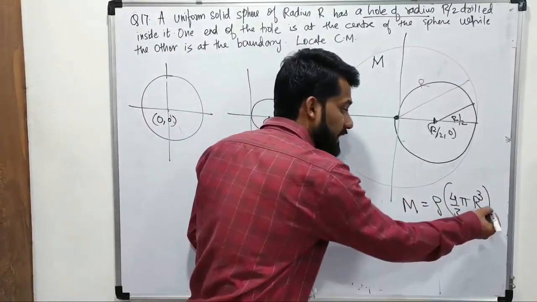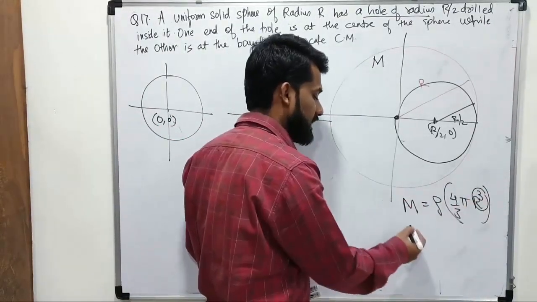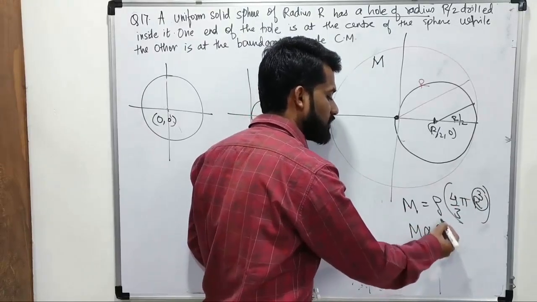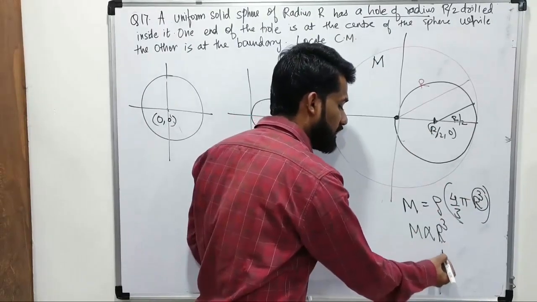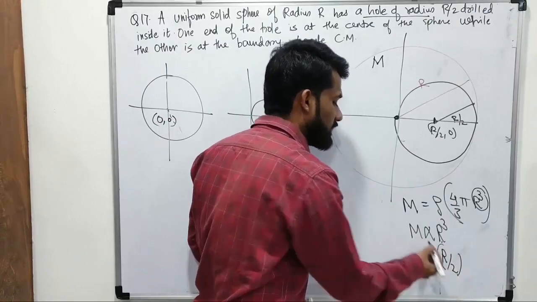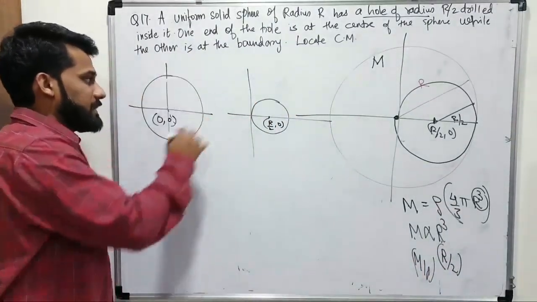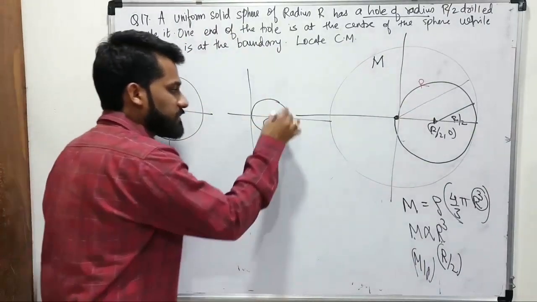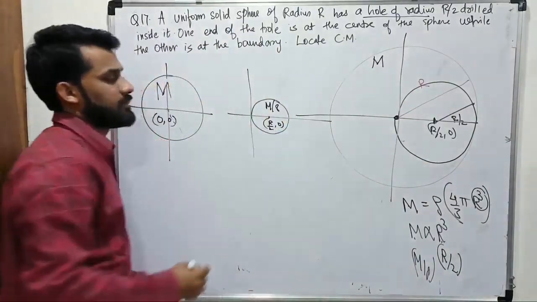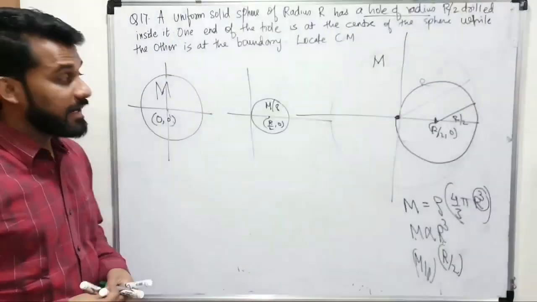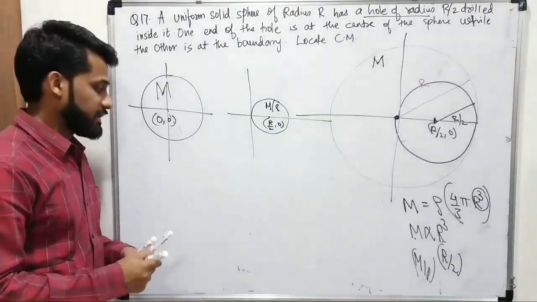So mass is proportional to r cube. If I am removing a sphere of radius r by 2, the mass will be m by 8 and not m by 2. So the whole sphere's mass is m, and the removed sphere's mass is m by 8.